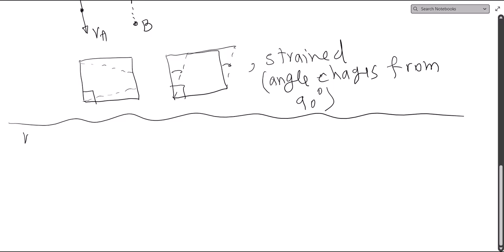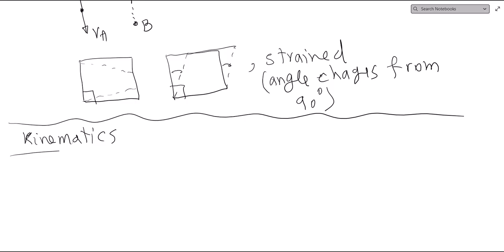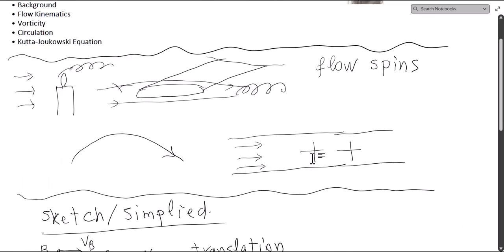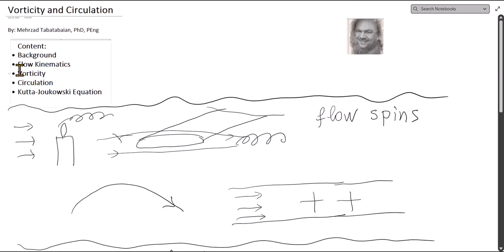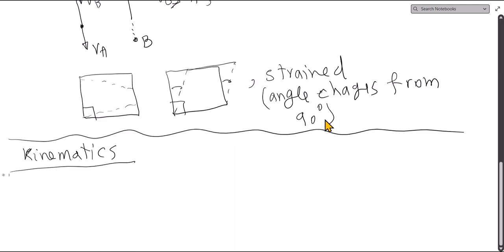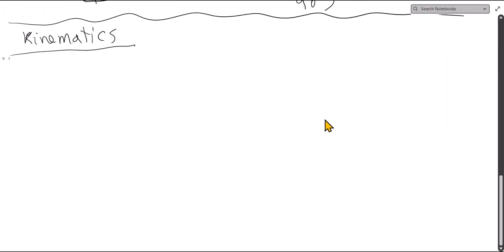Okay, now let's move to kinematics. If you have watched my videos on plates and beams, I usually start with kinematics, which is the source of any motion, and then based on kinematics we can go to strain and stress and so on.